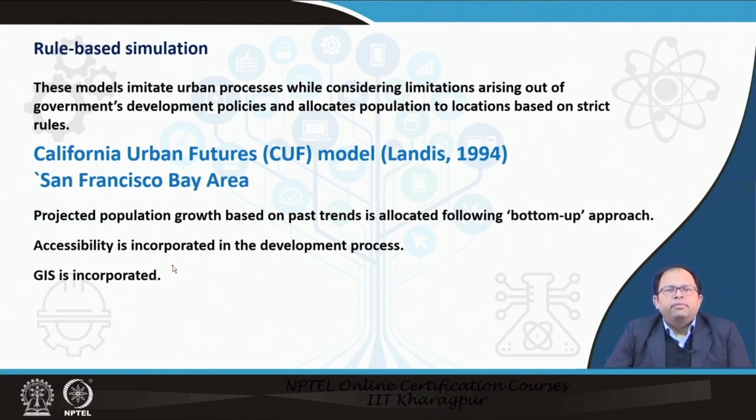That means we first predict the population and then we gradually allocate them to different zones, and accessibility is also incorporated, that is, we check that the allocation follows locations where accessibility is high. It also uses GIS for this particular planning process. So, geographic information system is an integrated part of this kind of modeling process.